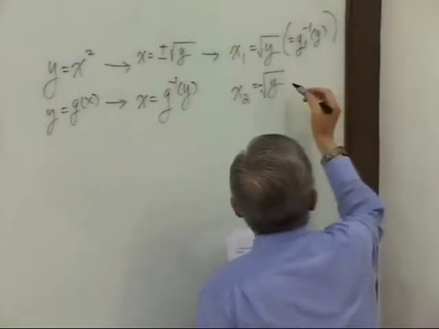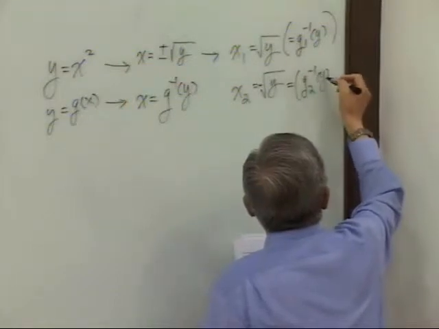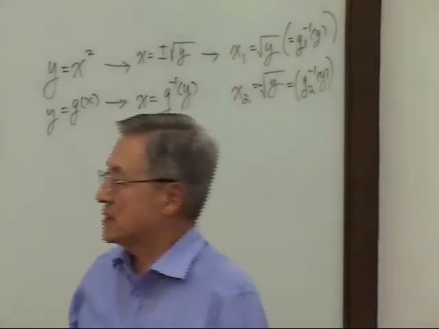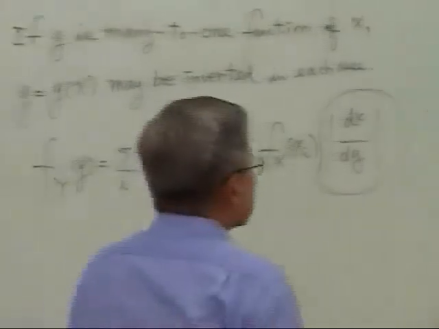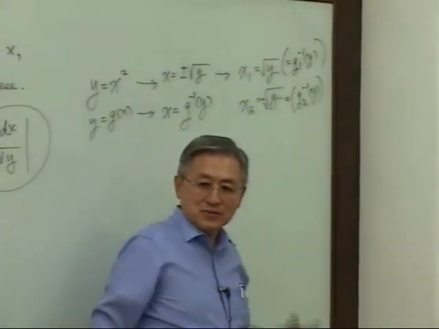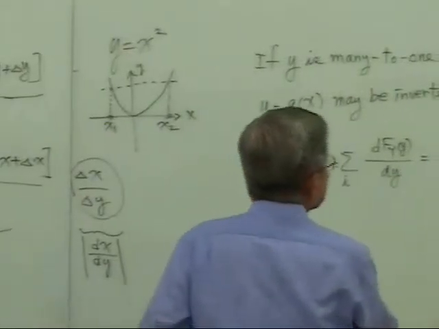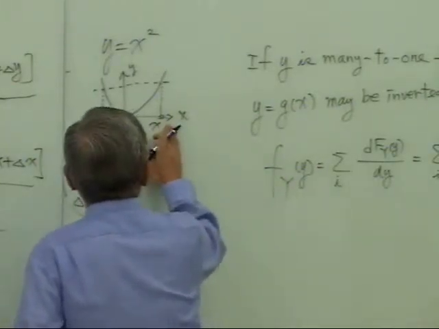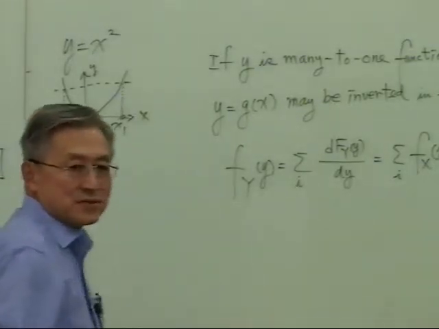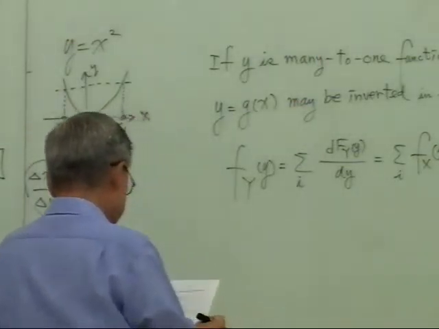If I express this, this is equal to g2 to the minus 1 of y, if I just write the notation correctly. Okay, can you see? This is simply x1, x2, two roots. In this case, I said this is x1, so positive is 1, doesn't make any difference. Negative is x2.